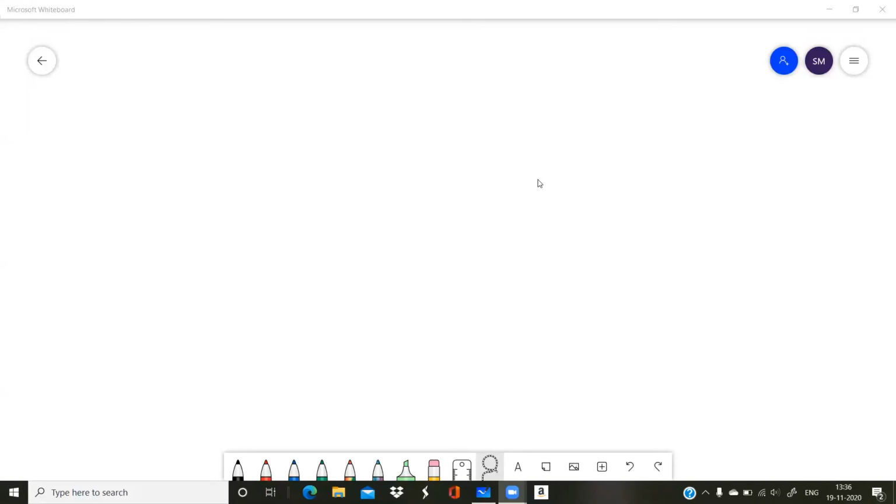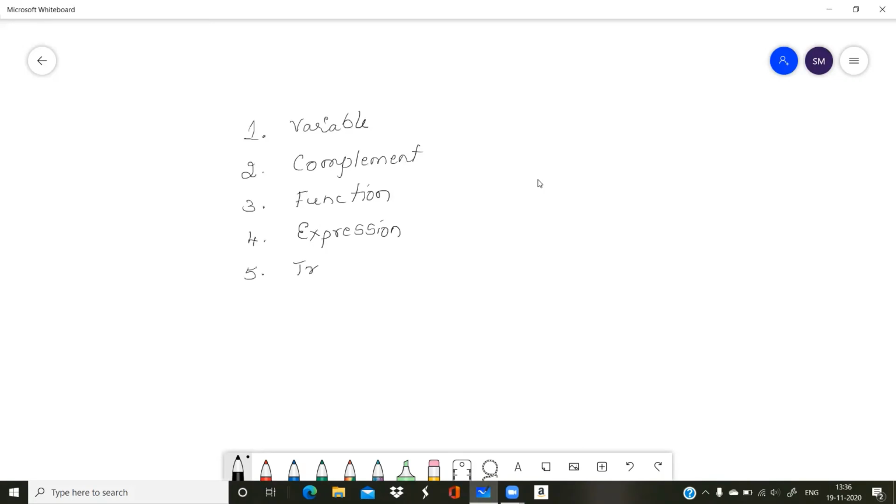Students, in the first session we have studied, first, what is a Boolean variable; second, what is a complement; third, what is a Boolean function; fourth, Boolean expression; what is a truth table; and what is a buffer.